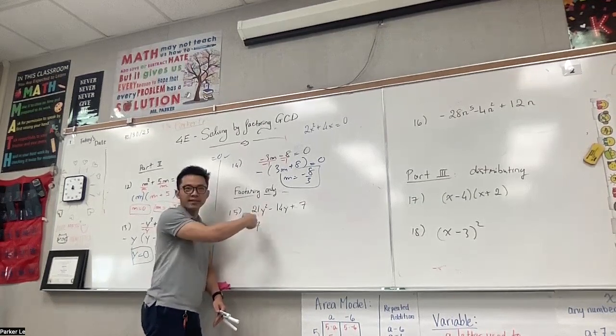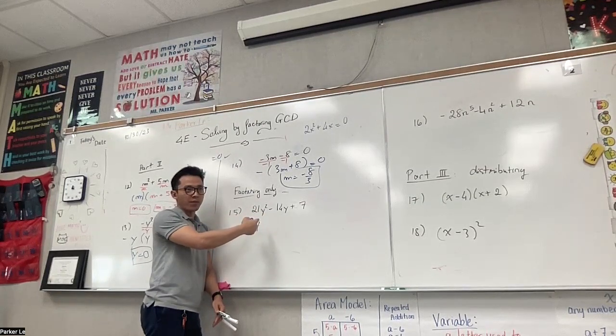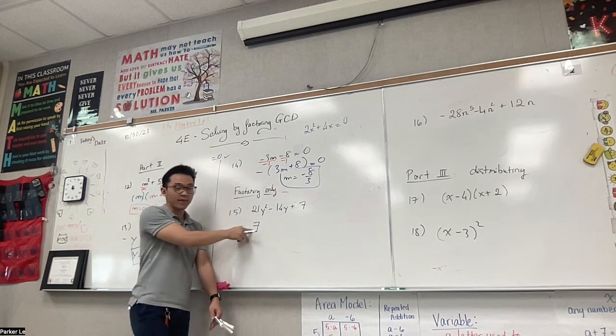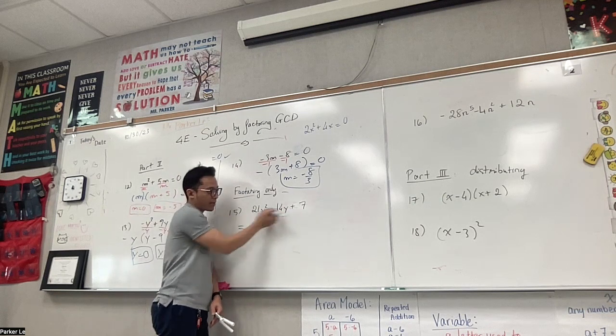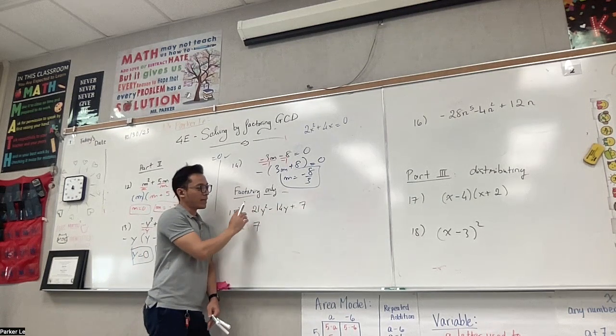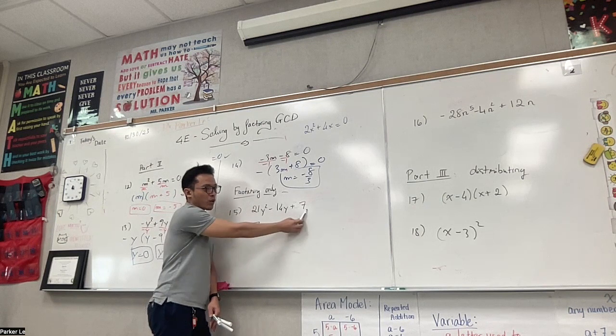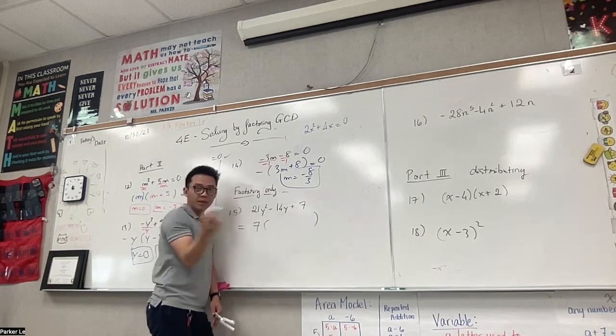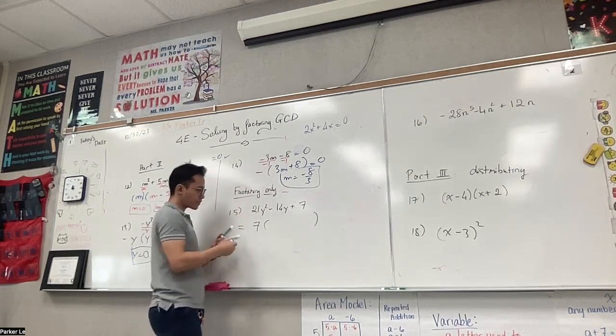Is there any y to take out? No. So look at the numbers 21, 14, and 7. The GCD for them is 7, right? 14 can divide by 7, 21 can divide by 7, and 7 can divide by 7. I'm talking about the letter. This one doesn't have any letter to take out. So 7 is the one. So Chris, what do you have?